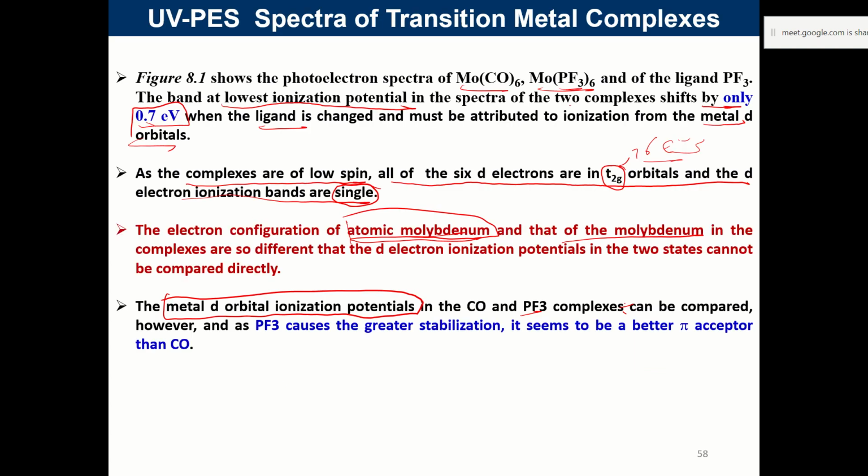So you can clearly see from the previous graph that PF3 causes greater stabilization because the metal d orbital ionization potential is higher as compared to the other complex with carbonyl, and so it seems to be a better pi acceptor than CO. So जो आप theoretically पढ़ते थे कि PF3 should be a better pi acceptor, उसका proof है. This is the experimental evidence of PF3 being a better pi acceptor than CO.